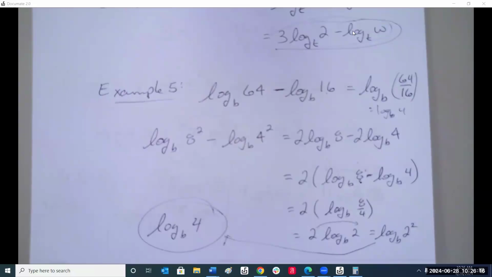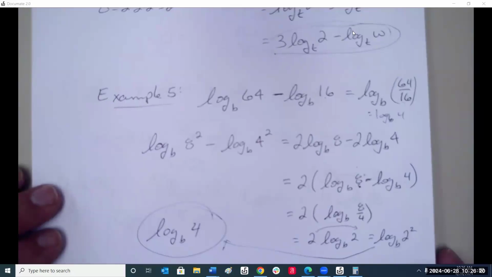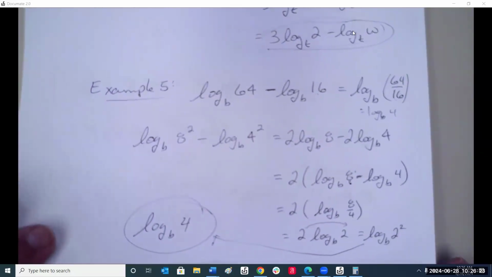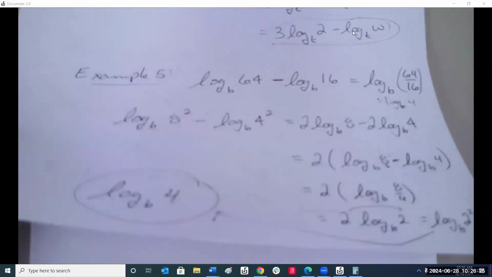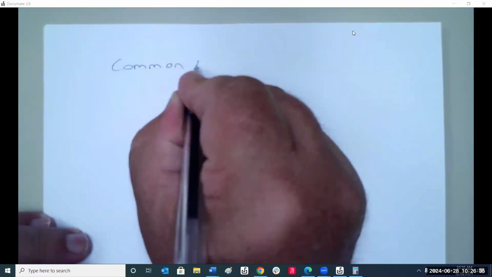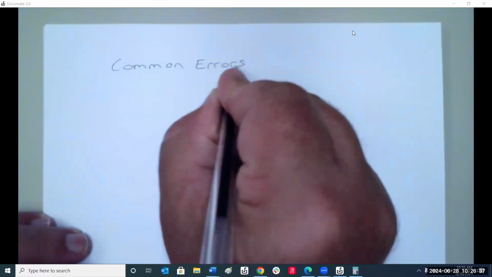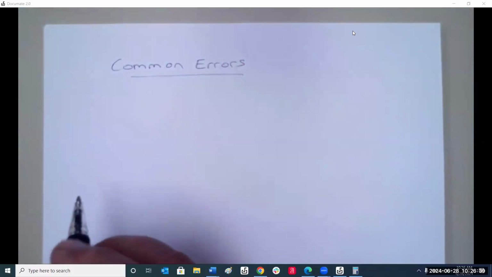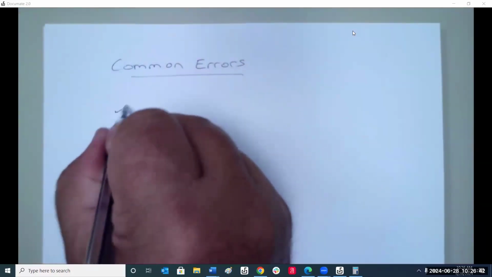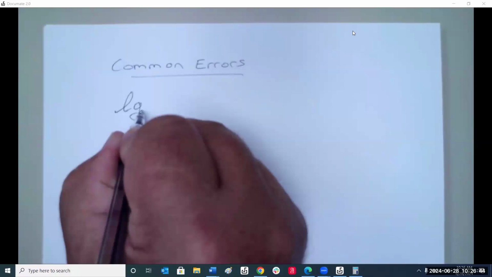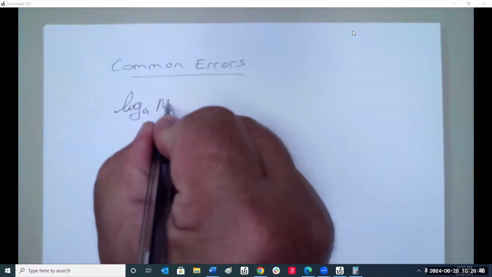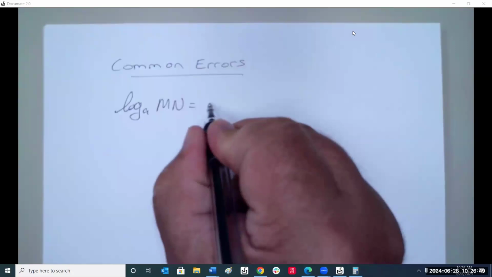The next thing we're going to look at are some common errors. Common errors. So the first one, log base a of m times n.